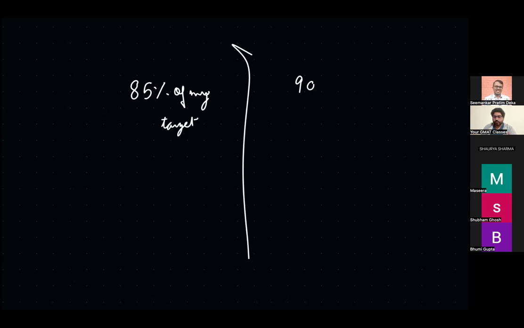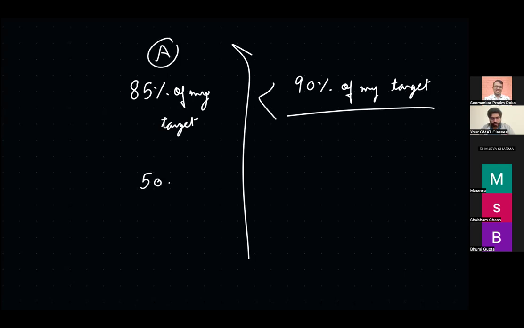It's easier to compare two teams where one team says I completed 85% of my target and the other team says, you know what, I completed 90% of my target. So for me, as someone assessing their performance, it's easy to say, oh, 90% is better than 85%. But let's say I had random numbers. Let's say team A did 5,000 crore in revenue and team B did 4,000 crore in revenue.